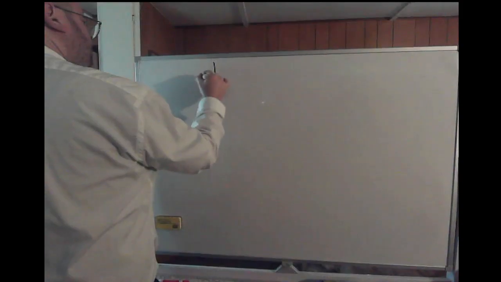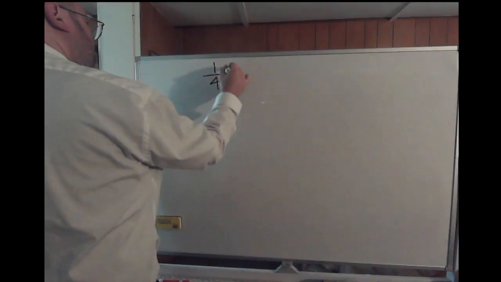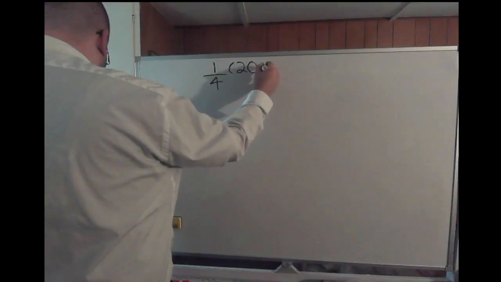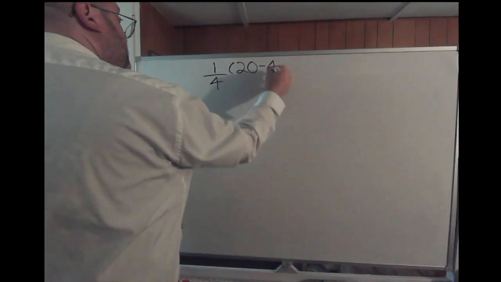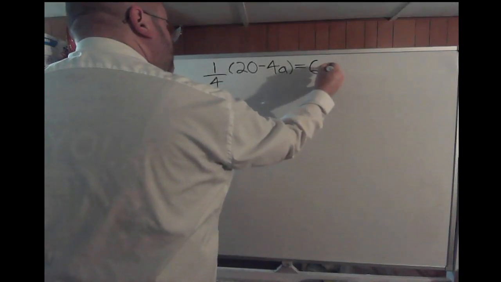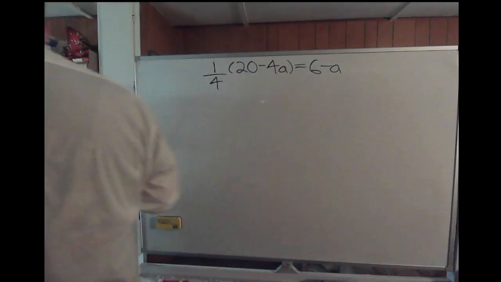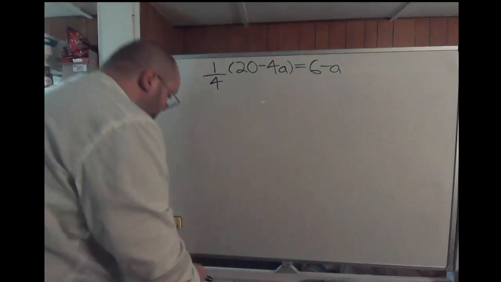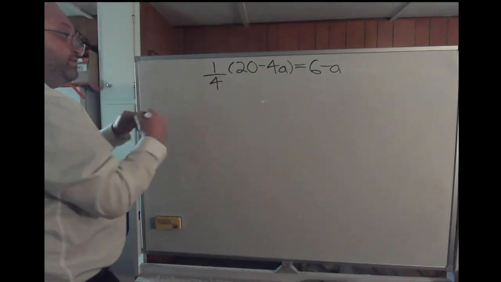All right. Let's see, we got 1/4 times 20 minus 4a equals 6 minus a. Okay, so first thing I would do once again is distribute your 1/4 on the left.